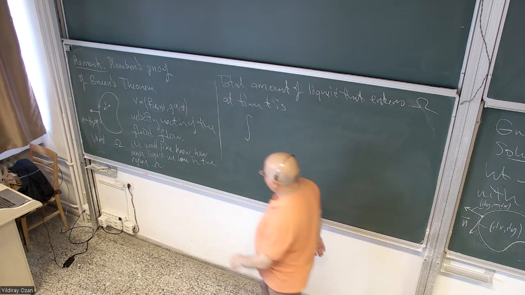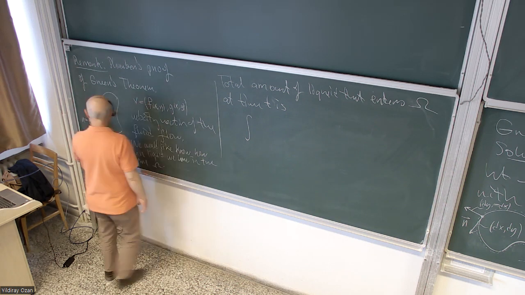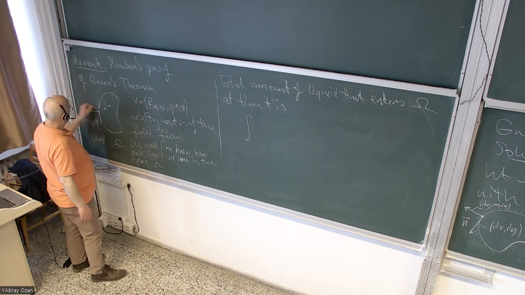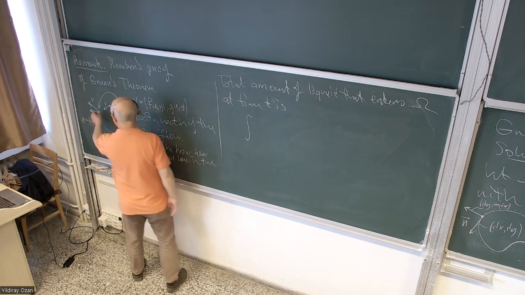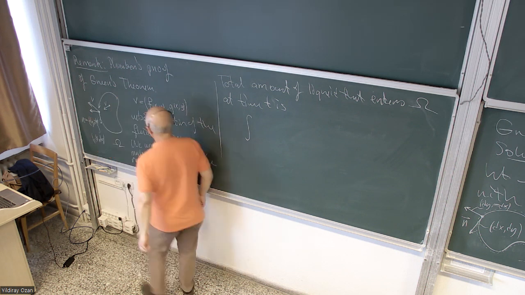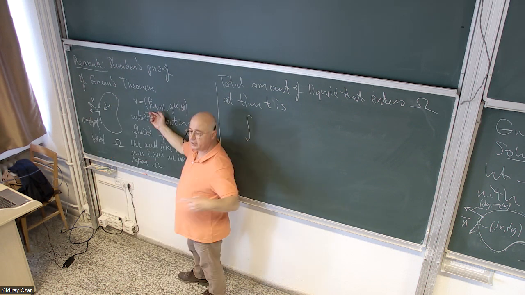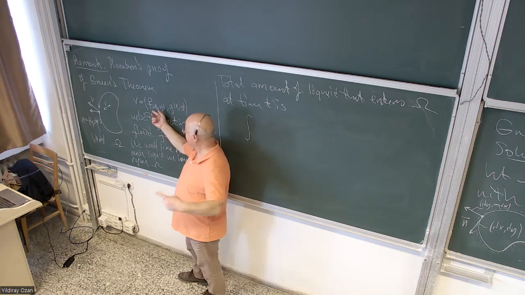Right? We have the velocity of the liquid at this point is this much. It means this much, let's say, liters of liquid goes in the x direction every second.